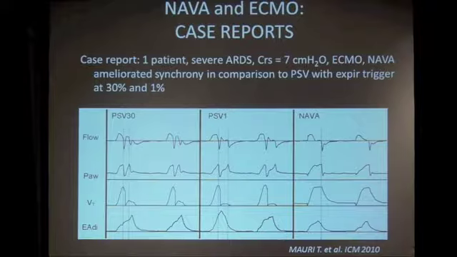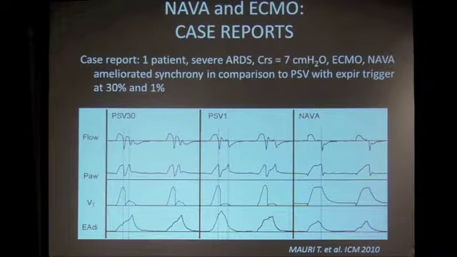I'm mixing up a bit my two speeches, but patients on ECMO usually have ARDS, so it's approximately the same thing. And you see here a double triggering with pressure support, while NAVA, as a matter of fact, allows a total synchrony between what the patients want to do and what the machine does.